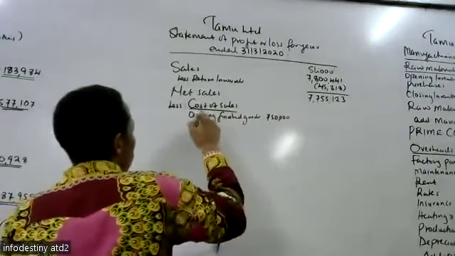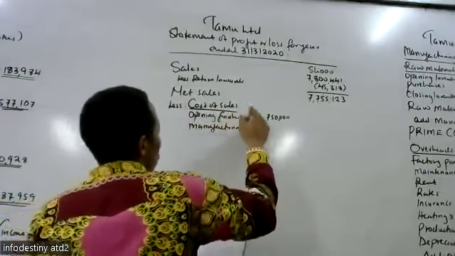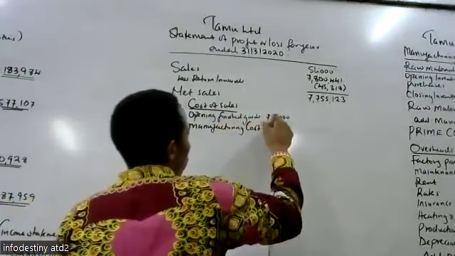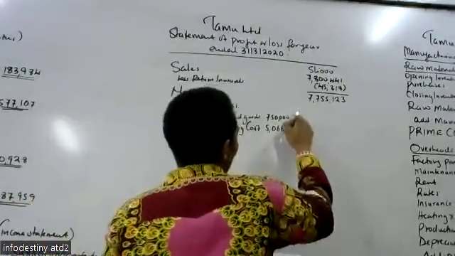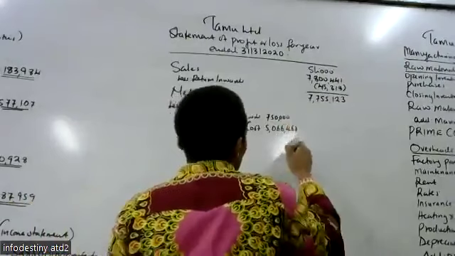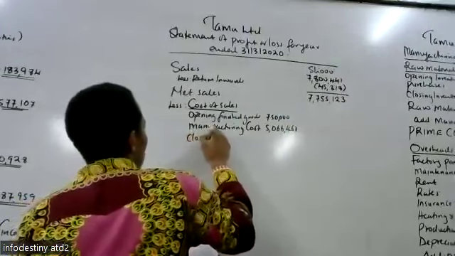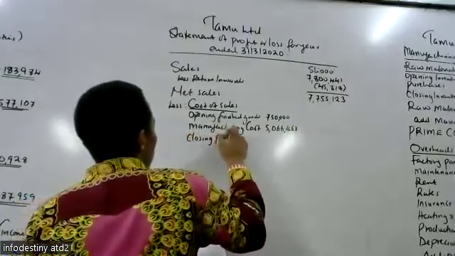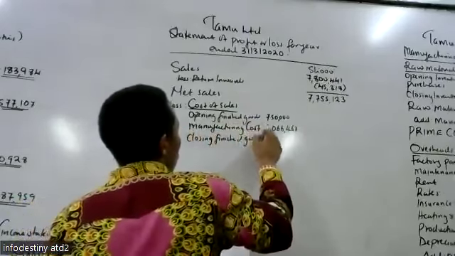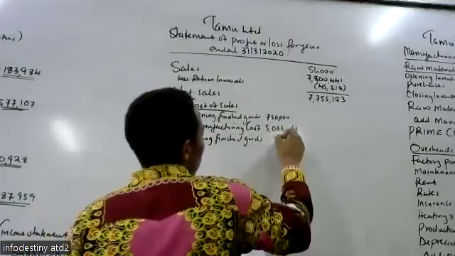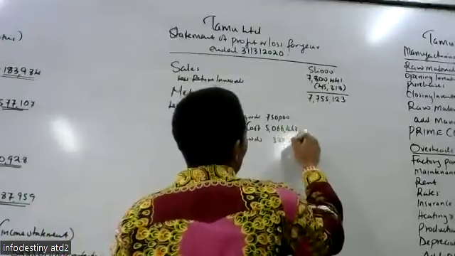Then we add the manufacturing cost, 5,066,467. Then we less the closing inventory for finished goods, which is 337,764.